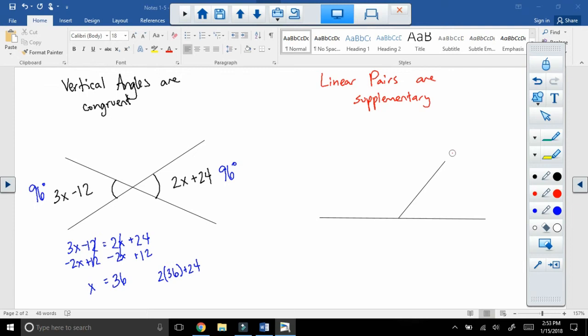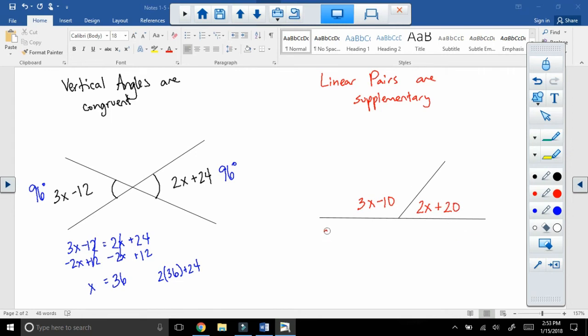So if I'm looking at this example, let's put some numbers in here for algebra. Let's say that this one is 3x minus 10, and this one here is 2x plus 20. And I want to solve this for x.